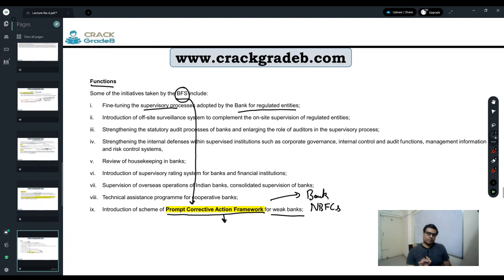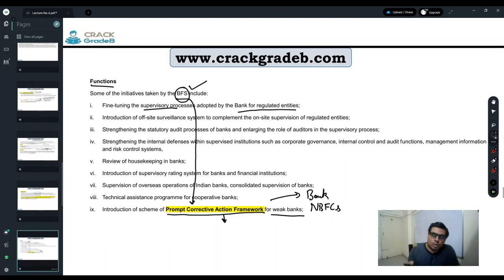The Board of Financial Supervision is responsible, or they may mention some other name. So you have to tick Board of Financial Supervision. RBI, of course, but under the RBI, who does these things? Who provides the prompt corrective action framework? It is not the Monetary Policy Committee, right? No other body.